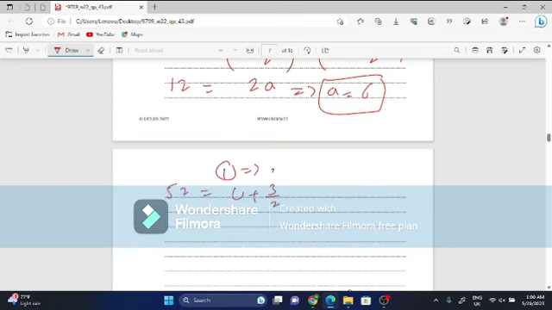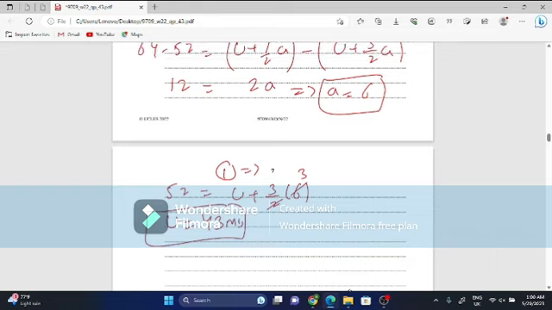So it would be 3 by 2 times 6, and subject my equation as u. That gives you 2 times 3 is 6, 3 and 3 are 9, and 52 minus 9 would be 43. So u would be 43 meters per second. That is the answer for that.